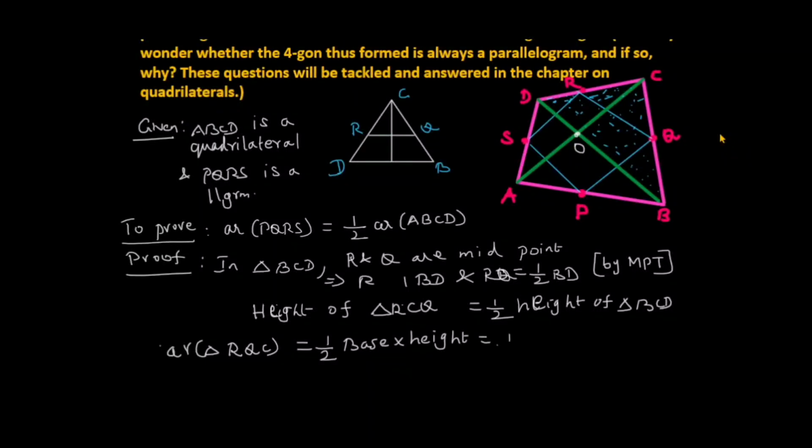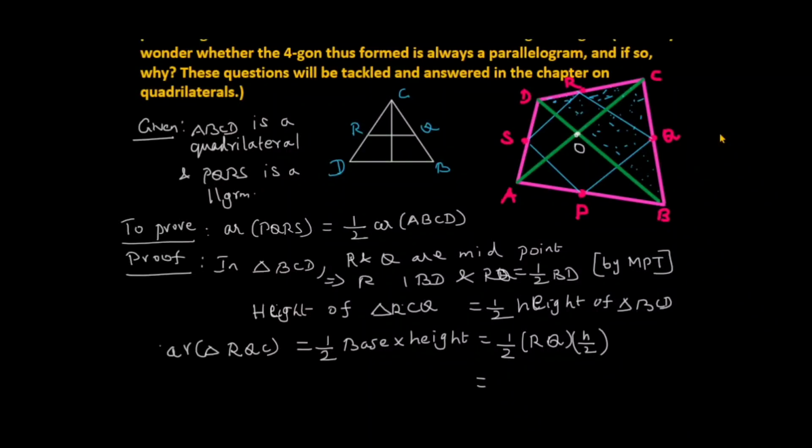RQ is the base, and the height is half of the height of BCD. Let the height of BCD be H, so this is H by 2.